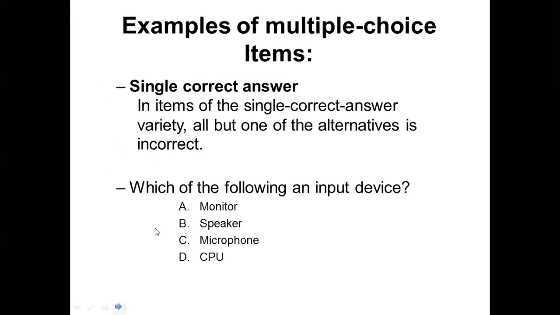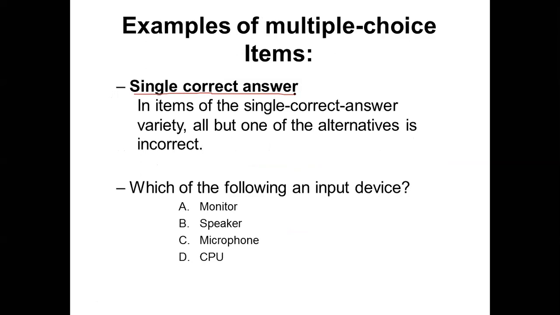Now, examples of some multiple choice questions that you would find. The first type is a single correct answer, where only one answer is correct amongst all the answers that are provided. Are we together?